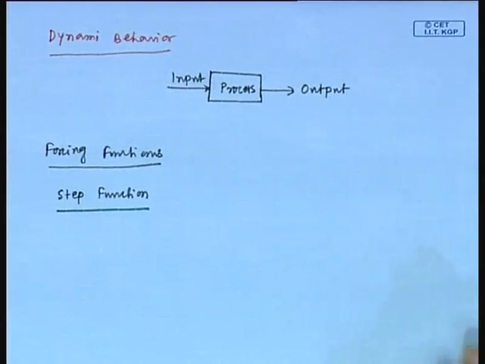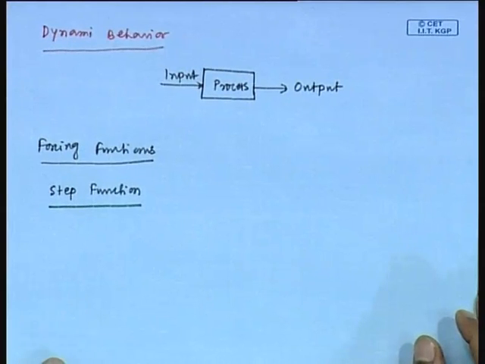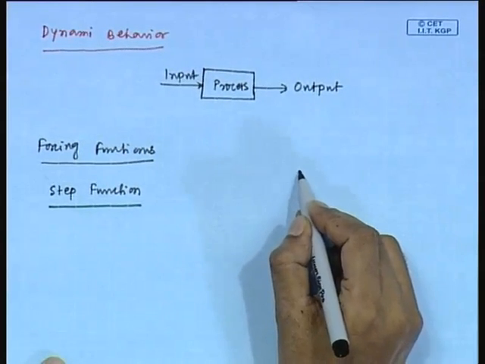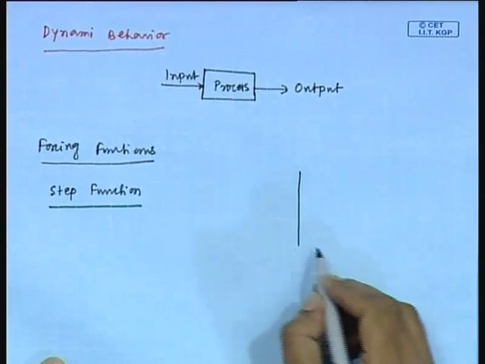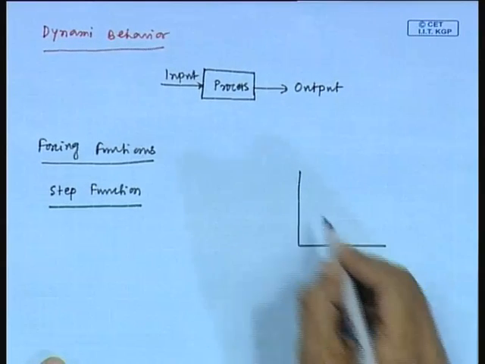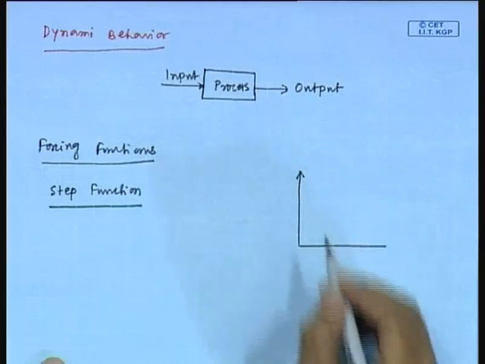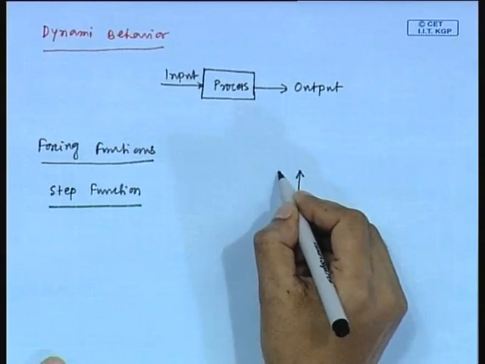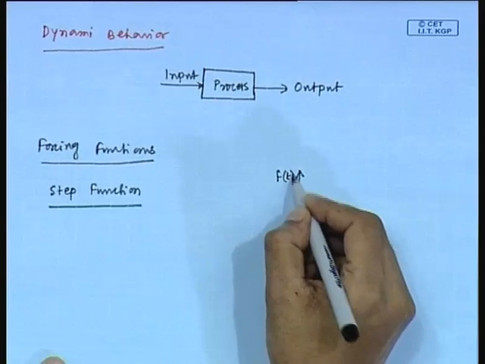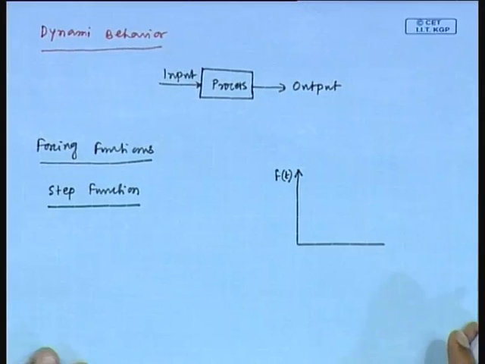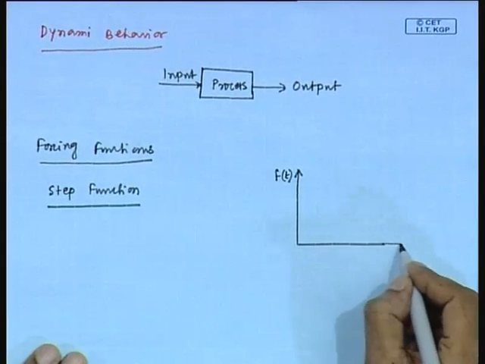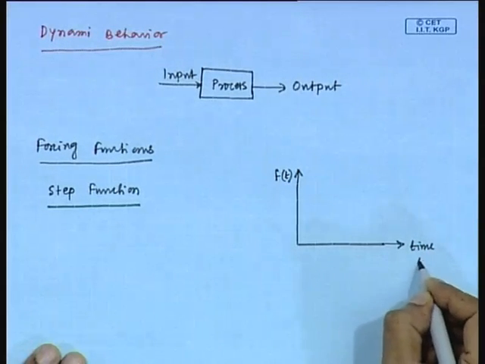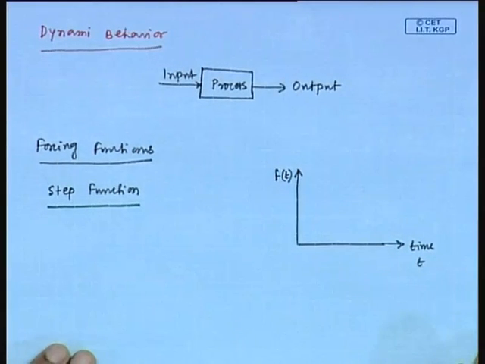So, first I am drawing the step function, how it looks. The function we will represent by f. So, this is f t and this is time t.